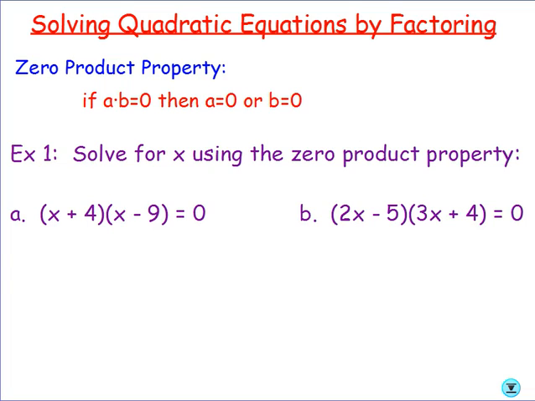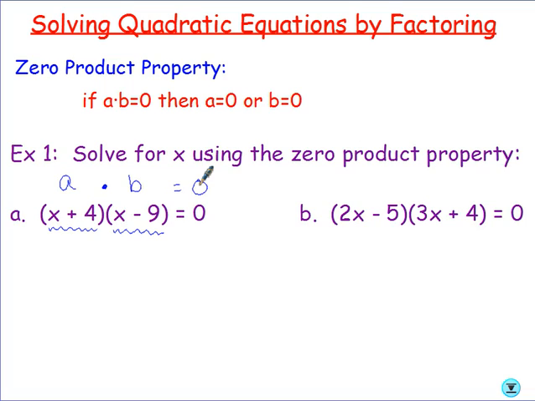So we are really multiplying two things here. Well, we're simply going to let this first item be your A, and this second item be your B. So our equation really looks like A times B equals 0.